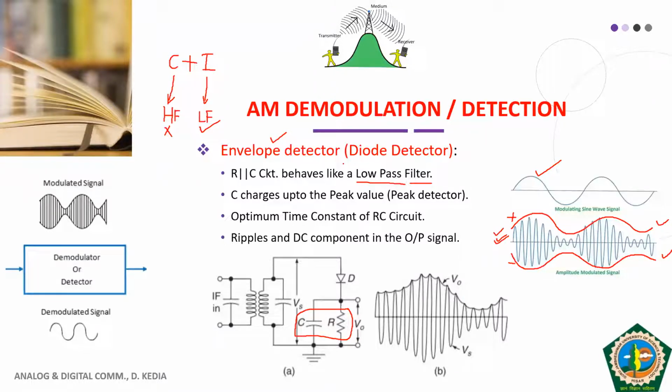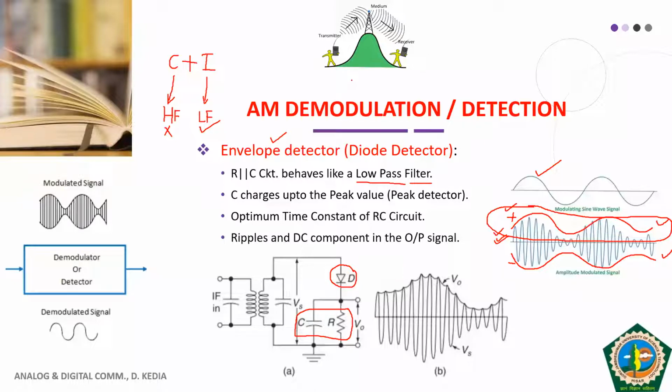So with the help of a diode, we can extract the positive side information signal or the negative side information signal. Fine. So here we consider the positive side information signal. That's why the diode has been used. The purpose of this diode is to provide rectified output, and it has been connected in such a way that it provides us rectified output from the positive side. Fine. So these are the two main things present in this diode detector circuit.